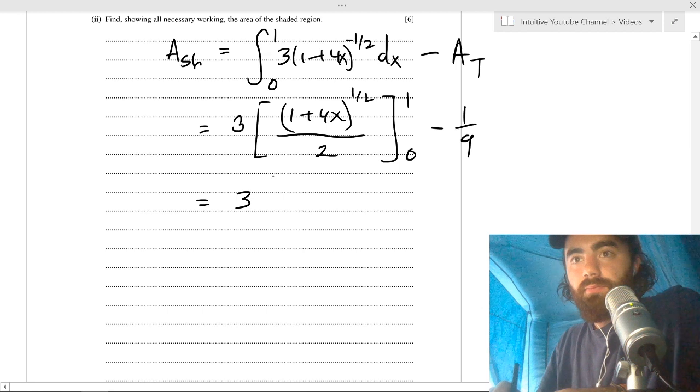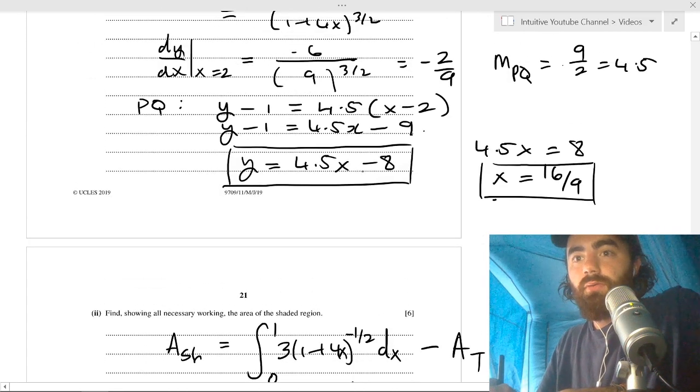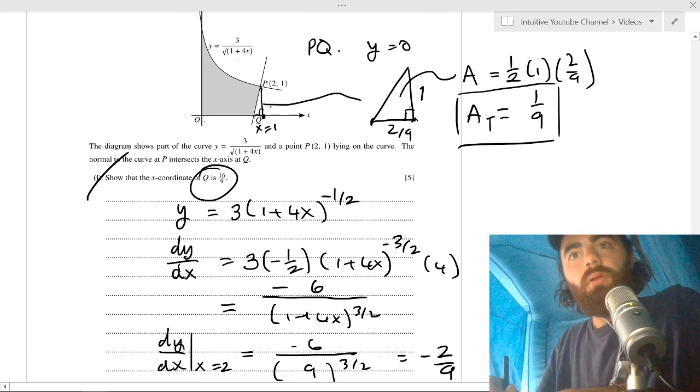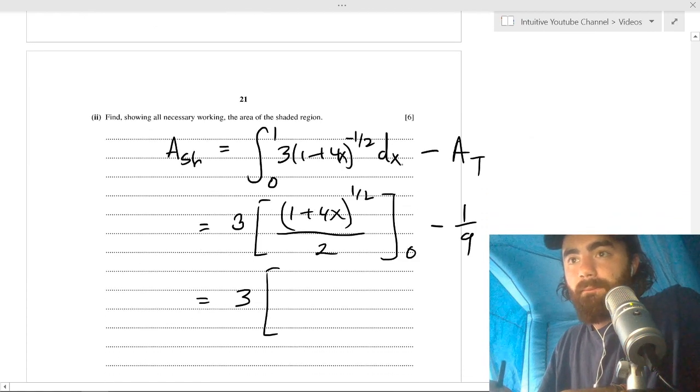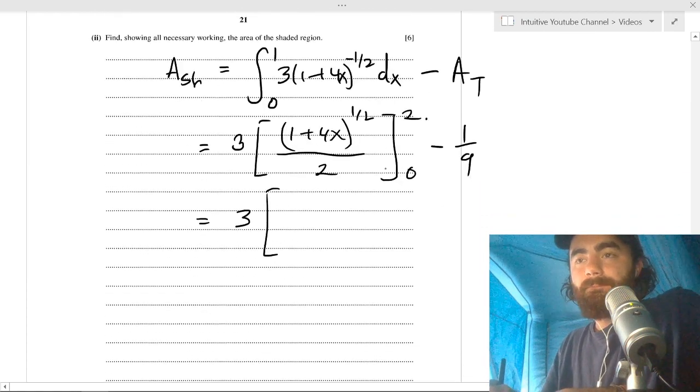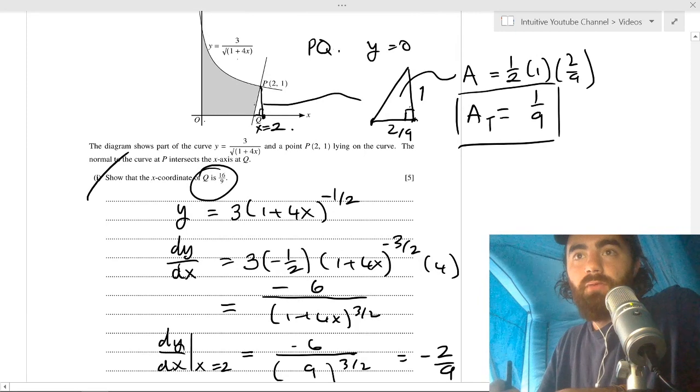Actually, it's between x equals 0 and x equals 2. I made a mistake above, and I mistook y for x.